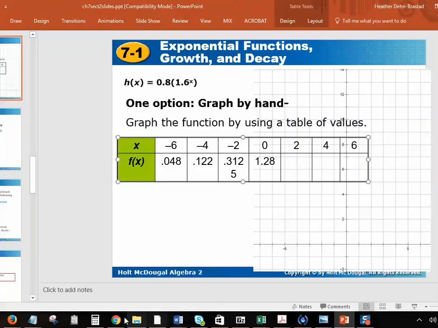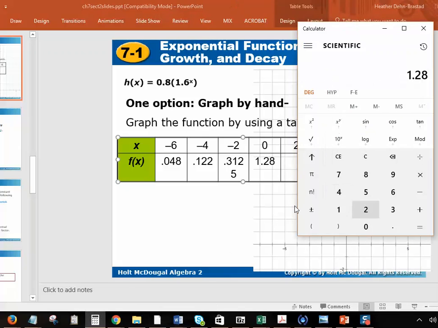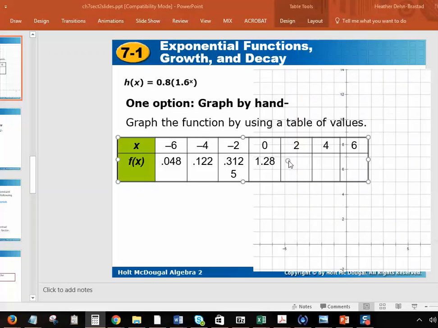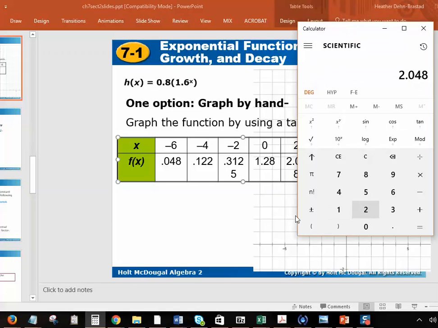You'll see with exponential functions, either growth or decay, they increase or decrease quite rapidly. And this is to the 2nd power times 0.8, 2.048, and then 4. When x is 4, I would have 1.6 to the 4th power times 0.8.